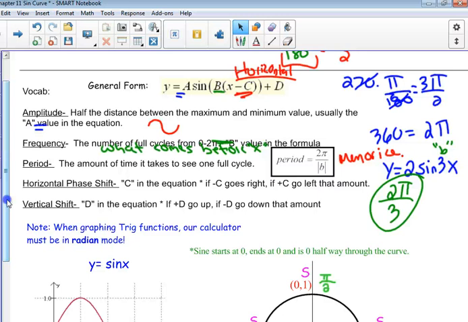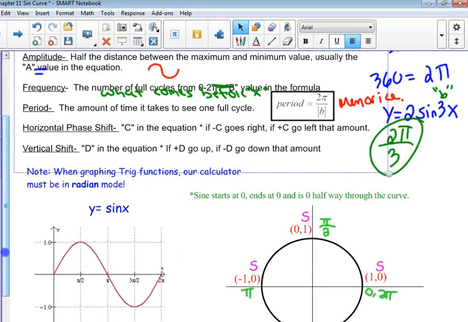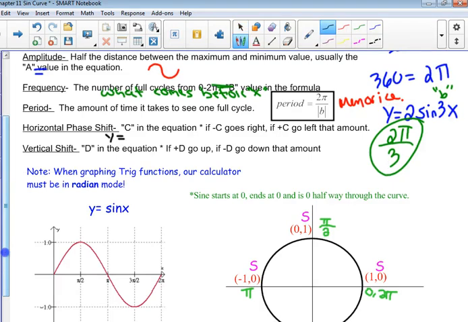Let's say in my problem I gave you something like y equals 2 sine, and then I have x minus pi over 2. Whatever's in the parentheses is always going to be the horizontal shift.